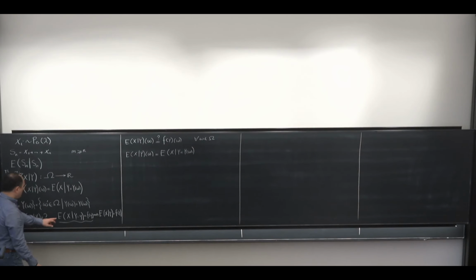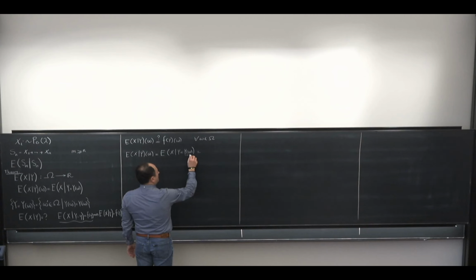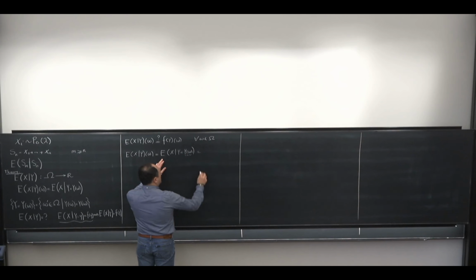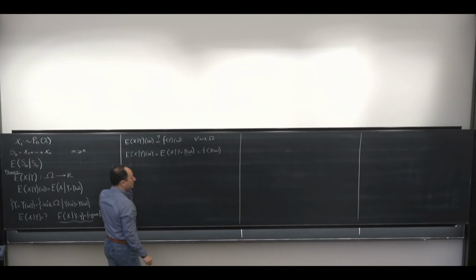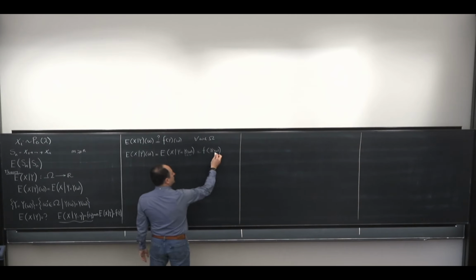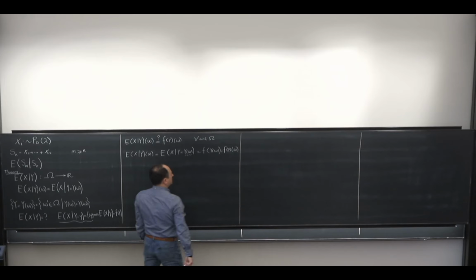But now look, E of X provided that Y is equal to little y by my assumption is equal to F of that little y. So what is the meaning of this? Here, this one is playing the role of that little y. So this becomes F of that Y of omega. And this is just function composition, so you can write it as F of Y acting on omega.